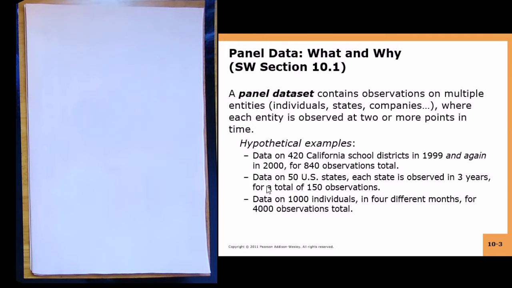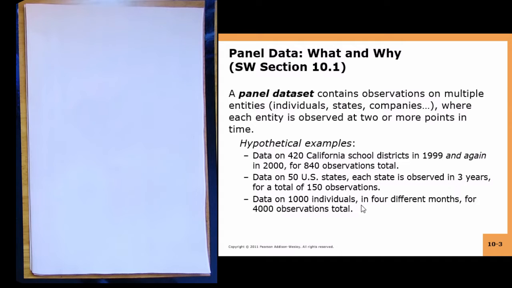Or for instance, you could have data on 50 US states. Each state is observed in 3 years for a total of 50 multiplied by 3, 150 observations. Or sometimes you might even have data on individuals.